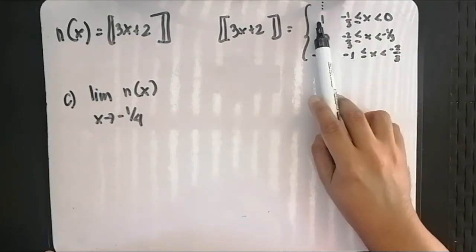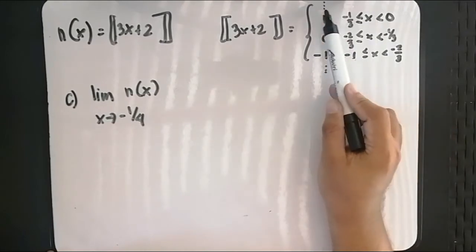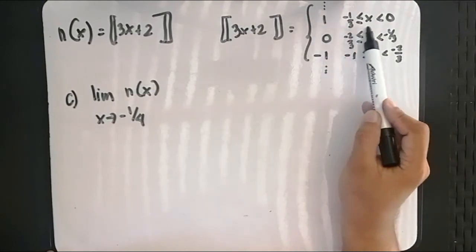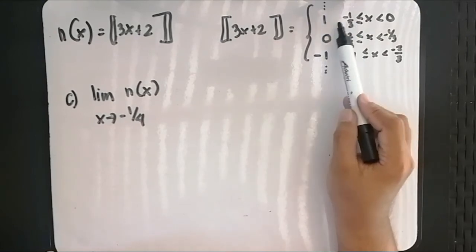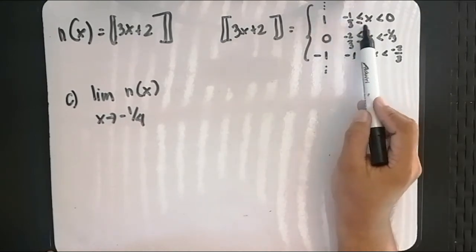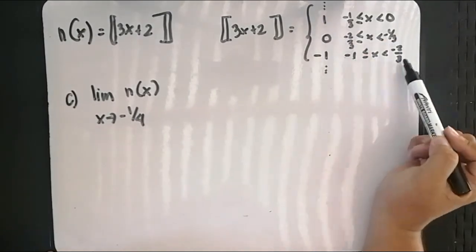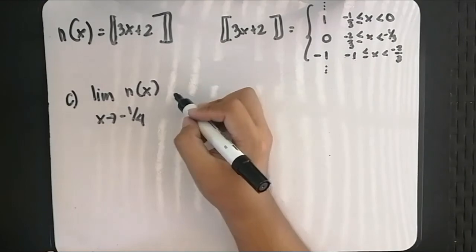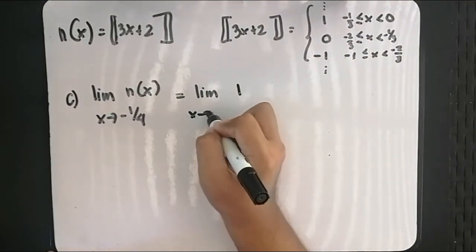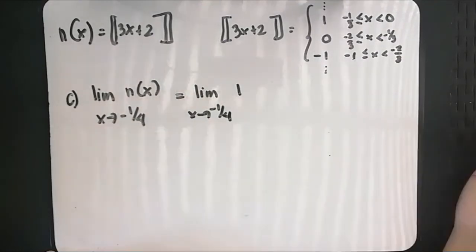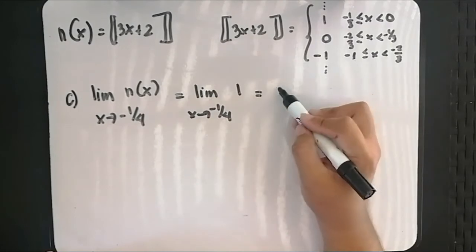Tama ba? Andito yung negative 1/4 natin sa part na to. Therefore, pwede lang natin gamitin yan. Okay? Hindi na natin kailangan kunin yung left or right kasi nga nakapaloob na siya dito. Unlike doon sa dalawa kanina na nasa endpoints. So we have equal to the limit of 1 as x approaches negative 1/4. Therefore, this is now equal to 1.